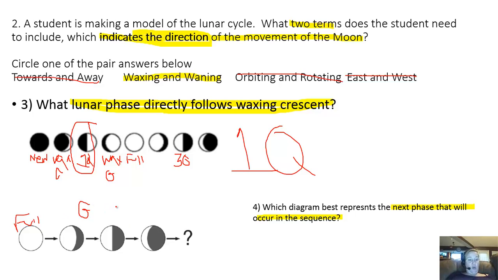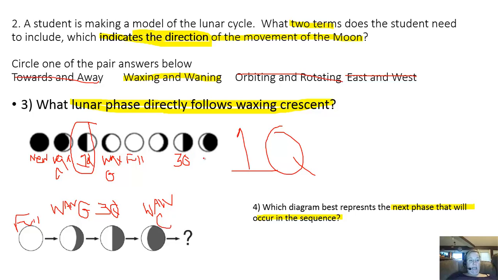I know that this is going to be a quarter moon, and my full moon is always traveling back to my new moon. So if my full moon is traveling back to my new moon, I am waning. I am losing light. So this is going to be a waning gibbous, which means this is third quarter, which means that this is a waning crescent.